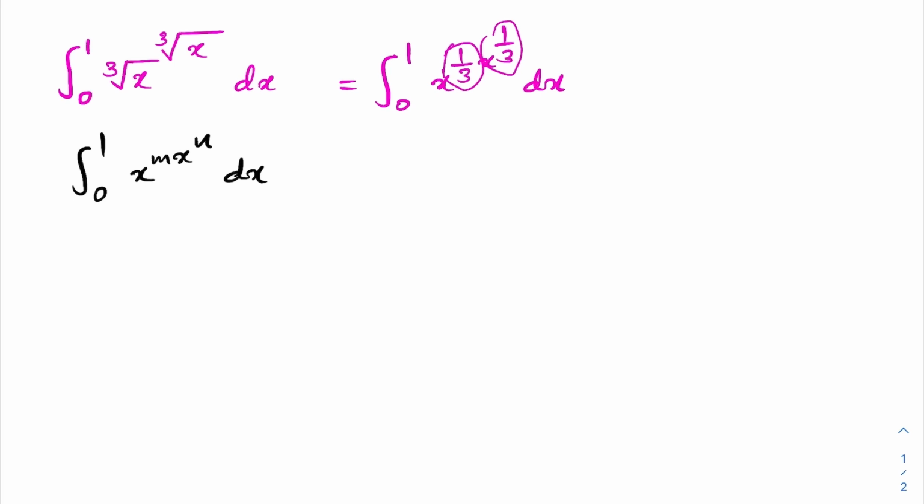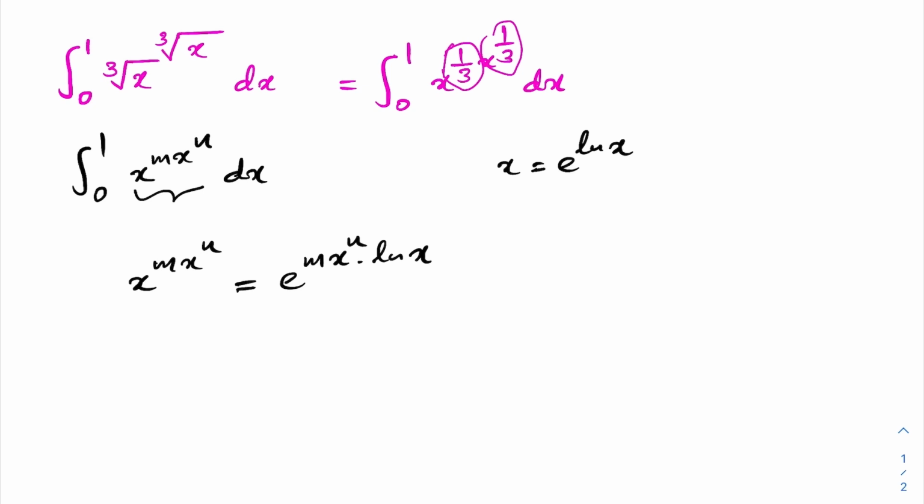First of all, we know x is equal to e to the natural log of x. Therefore, here x to the m x to the n, we can represent as e raised to the m x to the n times natural log of x. Now we know the expansion of e to the x: e to the x is equal to 1 plus x over 1 factorial plus x squared over 2 factorial plus so on.